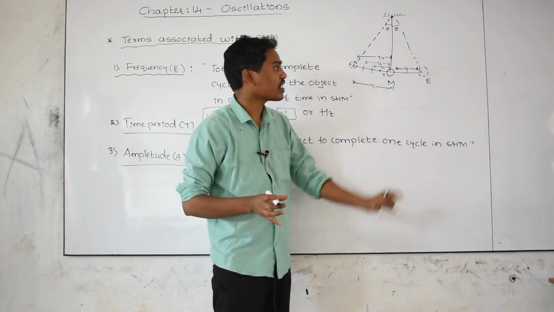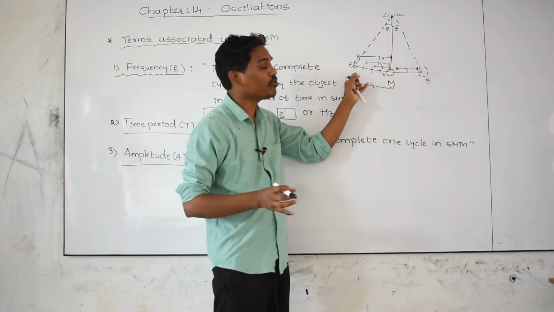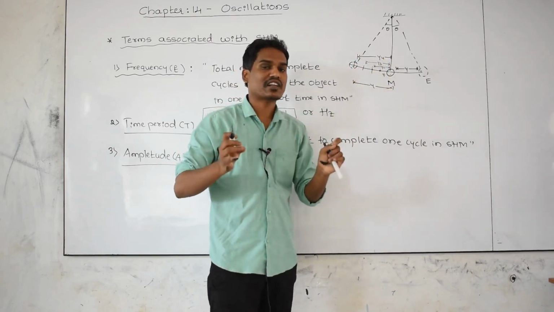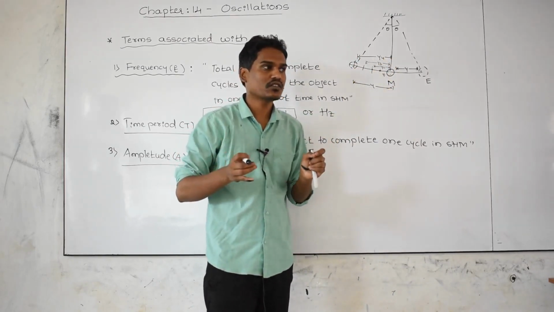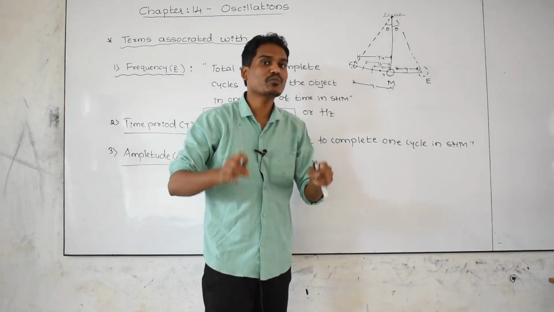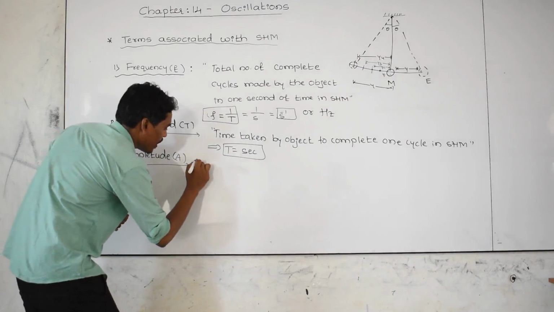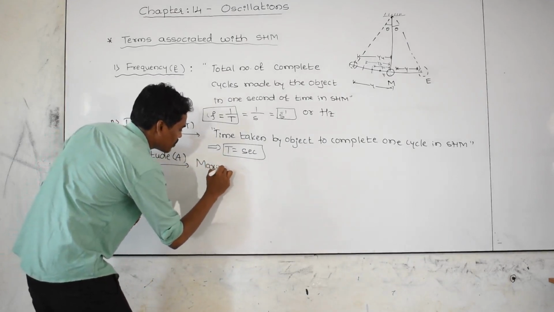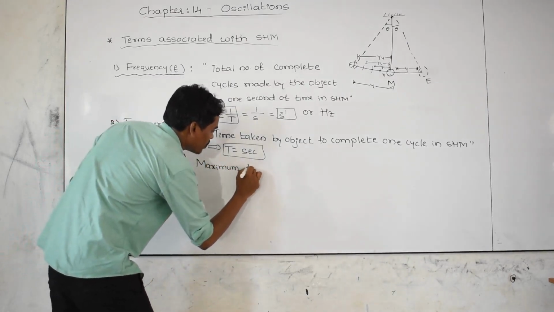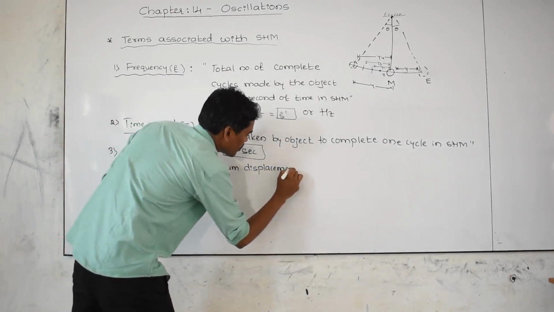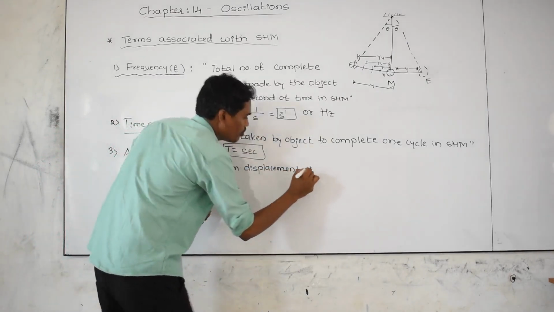Therefore, the maximum displacement of the object in simple harmonic motion from the mean position is called amplitude. What is amplitude? Maximum displacement of the object from the mean position.